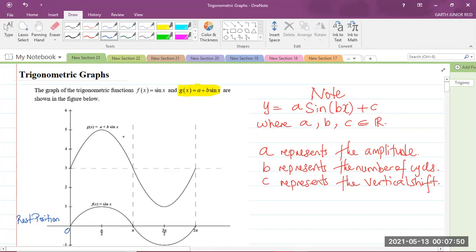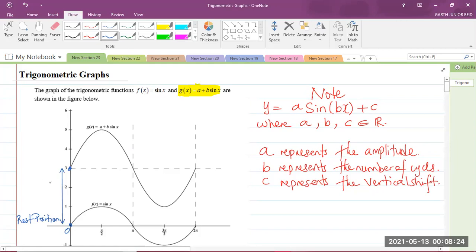If you look at the graph carefully, the graph moved from that point there, from 0 to 3.